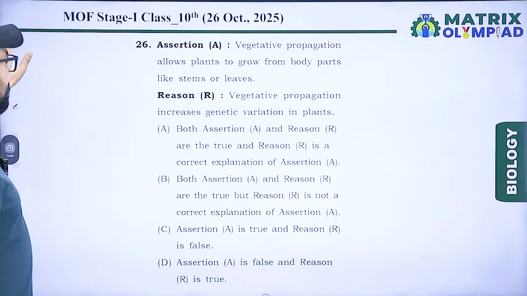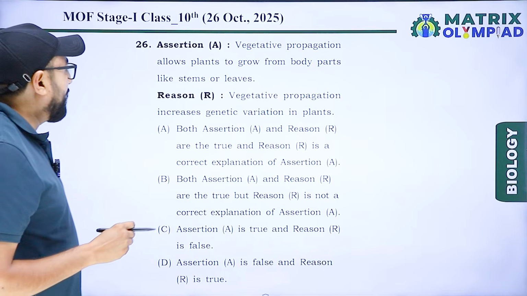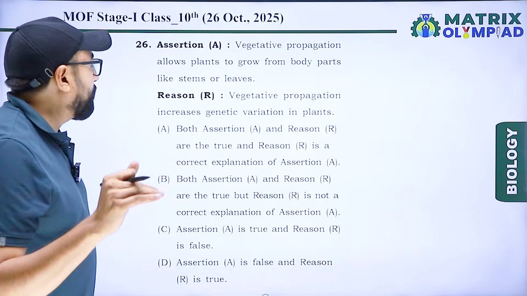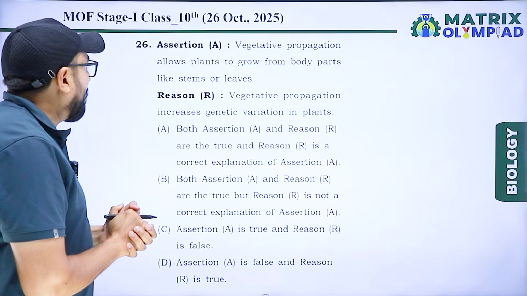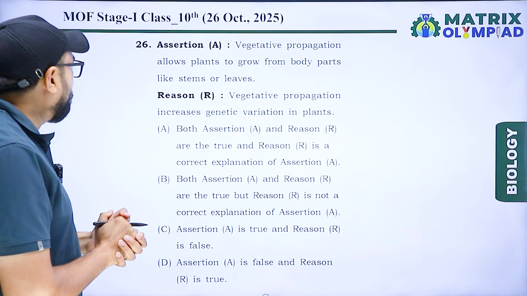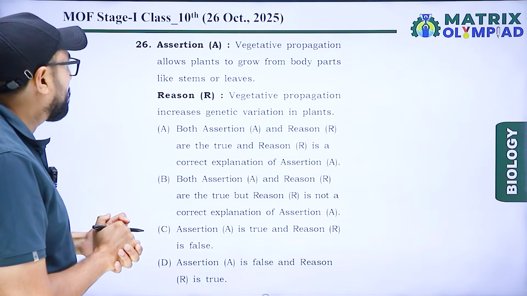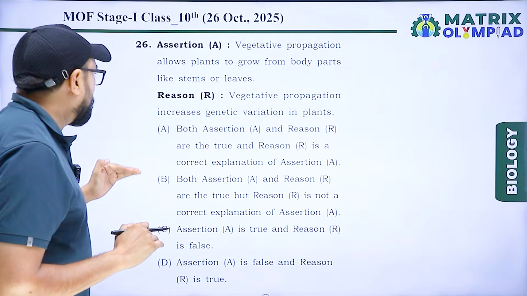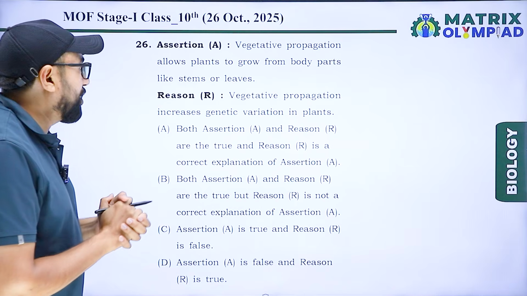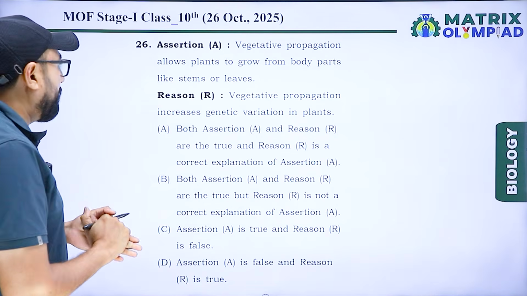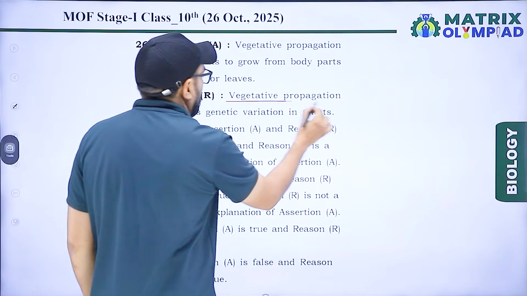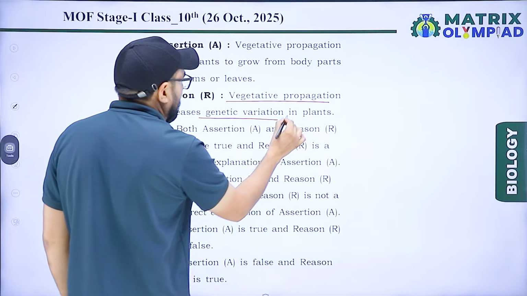Next, assertion A and reason R. Assertion: vegetative propagation allows plants to grow from body parts like stem and leaves. Reason: vegetative propagation increases genetic variation in plants. Does it increase genetic variation?